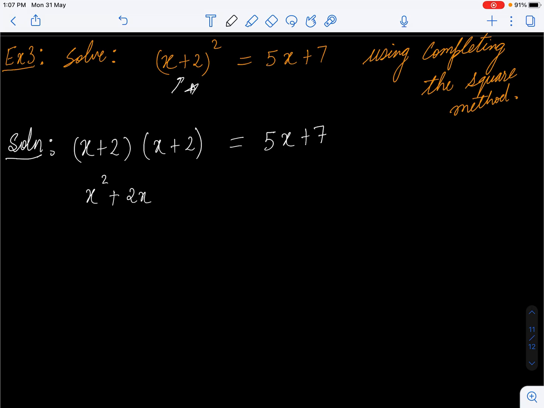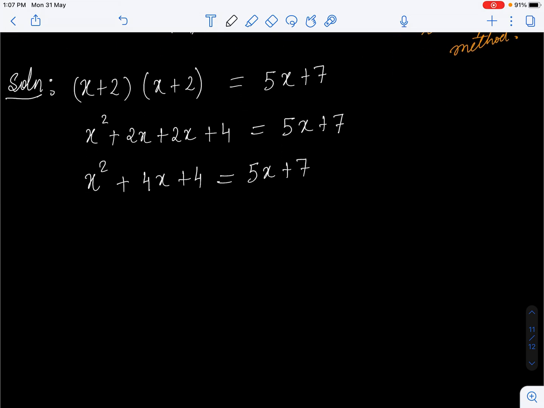First simplify this. Using the FOIL method, you just multiply this. You will get x square plus 2x plus 2x plus 4 equals 5x plus 7. So this will be x square plus 4x plus 4 equals 5x plus 7. Now subtract 5x from both sides, or take 5x on the left hand side.